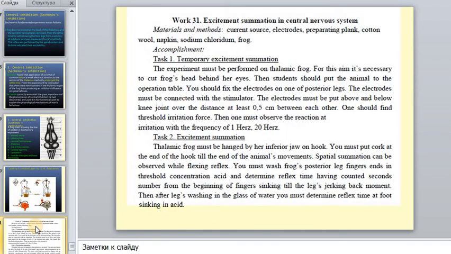And for the next work I don't have a video, you can just read the text: experiment of summation in the central nerve system.